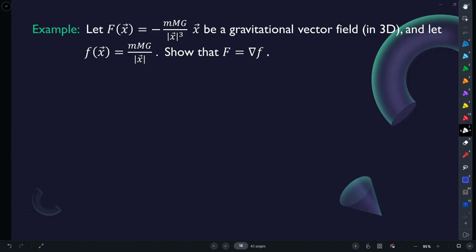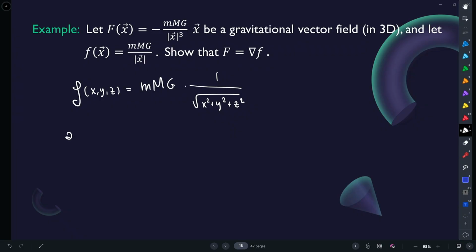So remember, what is that function? F of x, y, z would be mg times 1 over the square root of x squared plus y squared plus z squared. So I can compute the derivative of this thing.